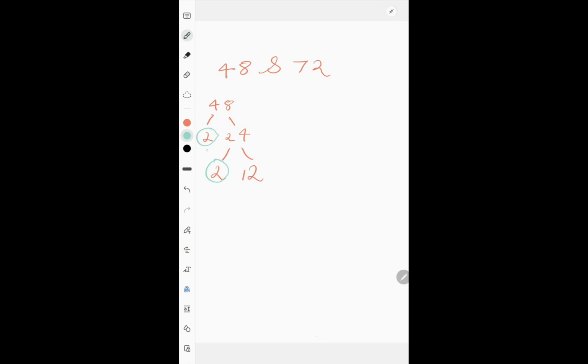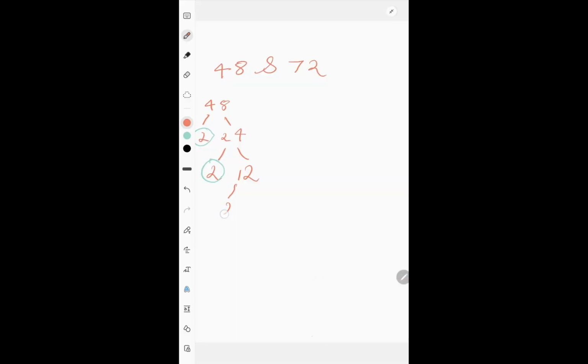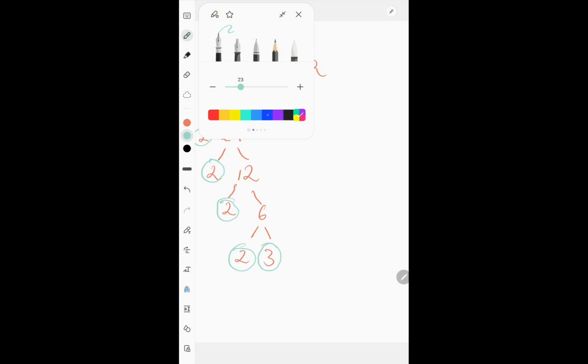We can break 12 down further. 2 times 6 equals 12, so 2 and 6 are factors. 2 is prime, so we are done there, but we can break 6 down further. 2 times 3 equals 6, so 2 and 3 are factors. 2 is prime, so we are done there, and 3 is prime, so we are done there as well. And we are done with the prime factorization of 48. We can't break that down any further.